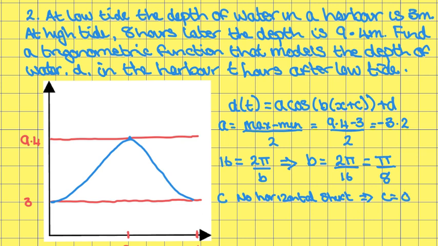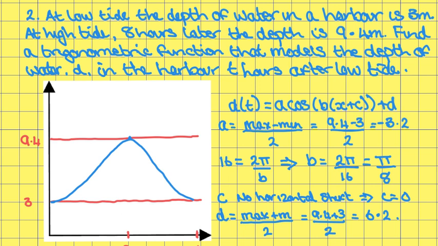And now let's find D. D is found by the maximum plus the minimum over 2, which is equal to 9.4 plus 3 over 2, which is equal to 12.4 over 2, which is equal to 6.2. So now we have all our values for A, B, C, and D.